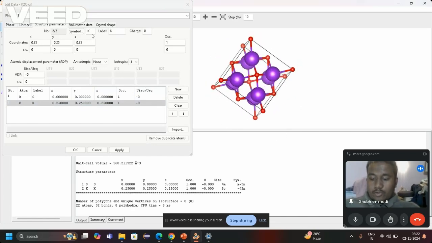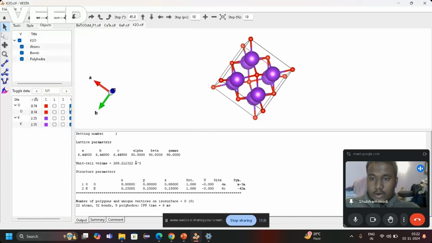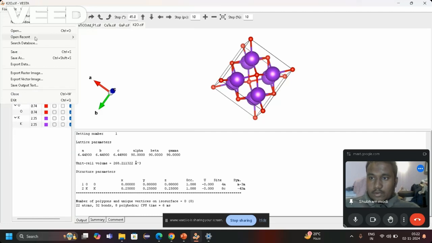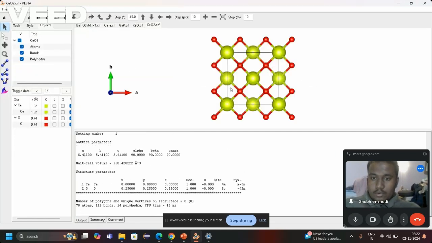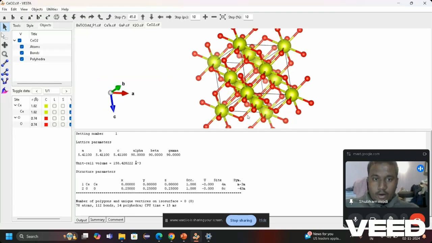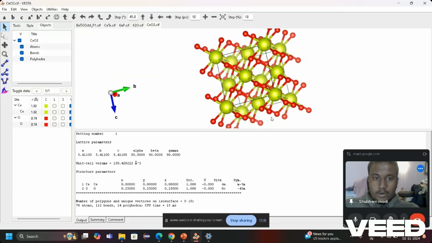And now moving towards the next, which is cerium dioxide, which resembles a fluorite structure. Yes, the file got run and we have got this shape.